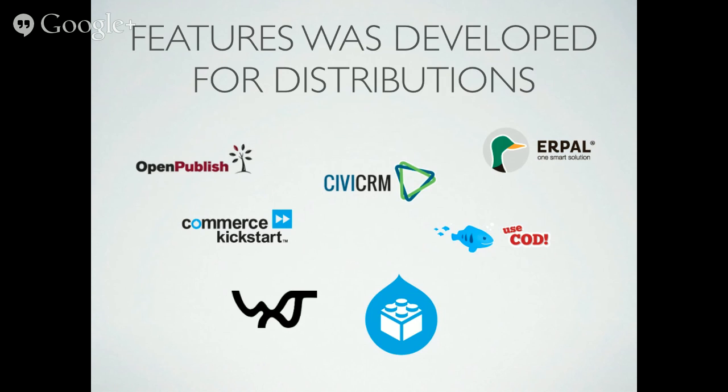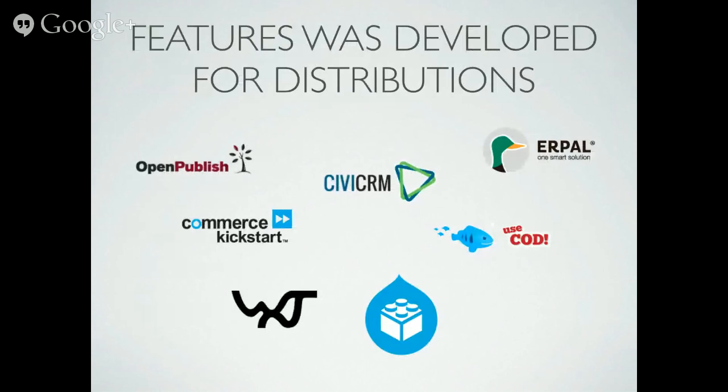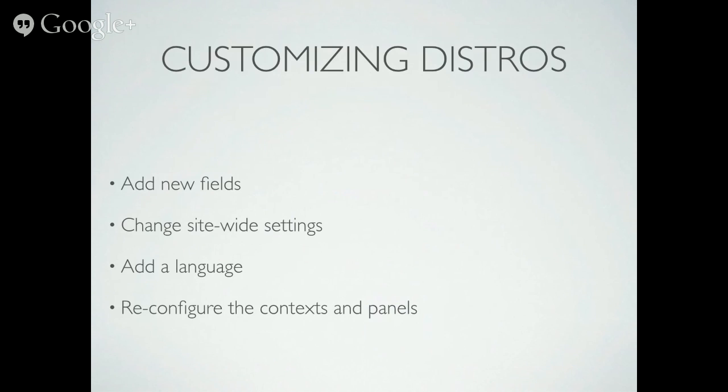So if you download one of these distributions, you are going to want to make changes. So for example, if you download the Commerce Kickstart distribution, it adds the Commerce module, it adds a bunch of configuration and some sample content to get you started so you can start your online store. But you might want to add your own content types to the distribution.